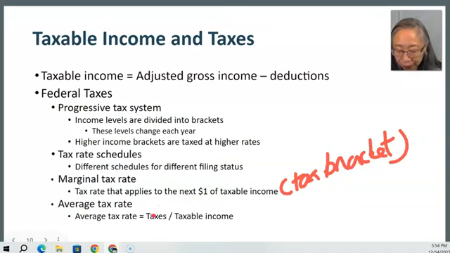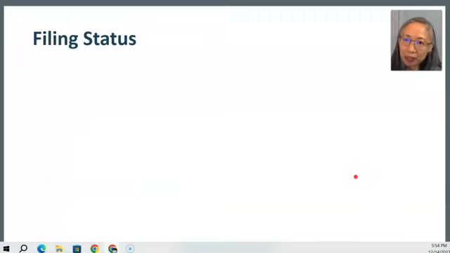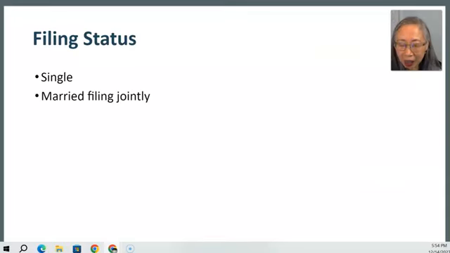We have mentioned filing status many times. So both your tax bracket and your deduction amount change depending on your filing status. And the reason, again, is a concept of fairness. We want to be as fair as possible. So filing status includes single. So this is pretty straightforward. If you're a single individual living by yourself, it can be married individuals filing together, so filing jointly.